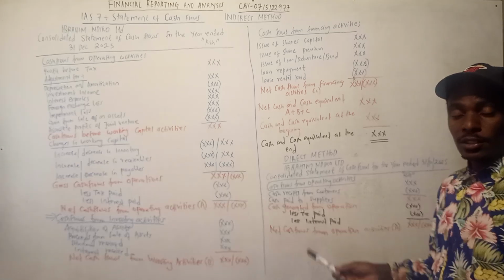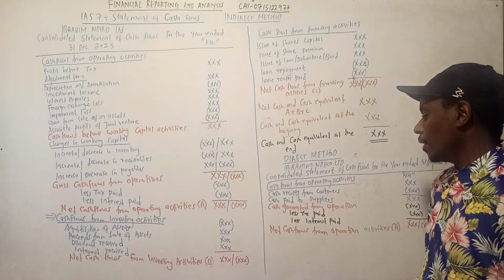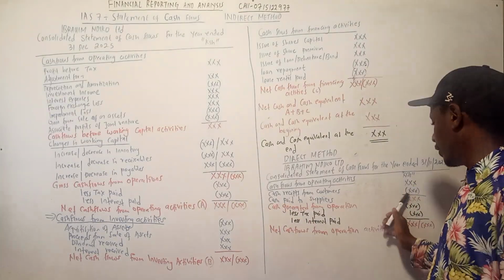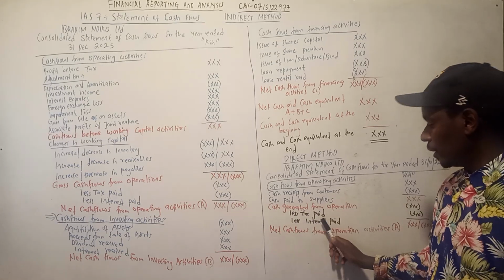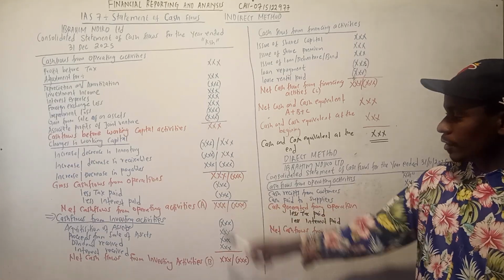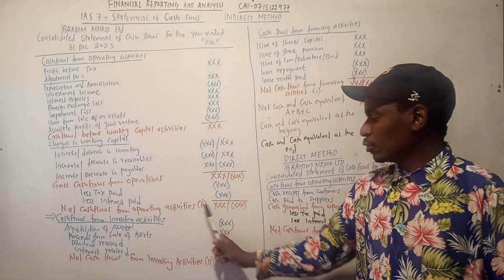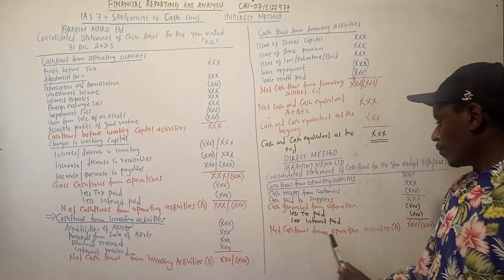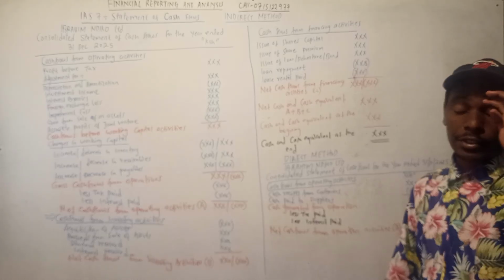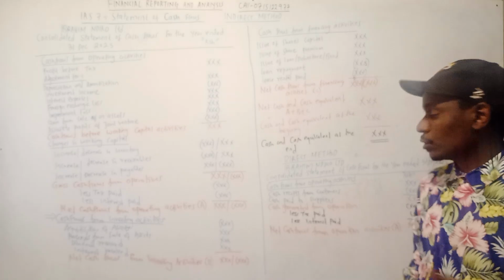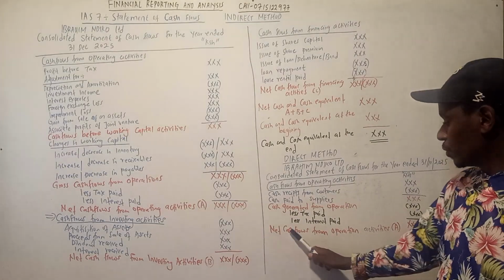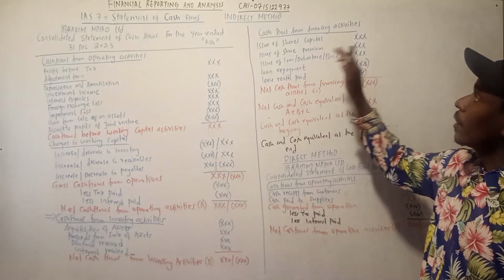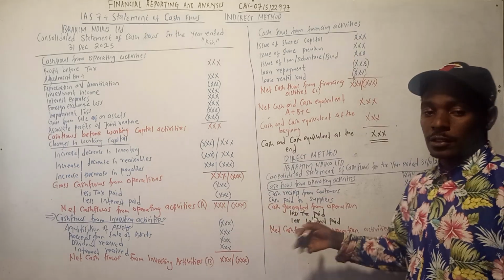So receipts from the customers, what the customers paid during the year. Then how much did we pay to our suppliers during the year? Then don't forget the tax and the interest paid. So the net cash flow from operating activities must be the same when we talk about the two methods. It must be the same. Then from this point you continue with the cash flow from investing activities and cash flows from financing activities.